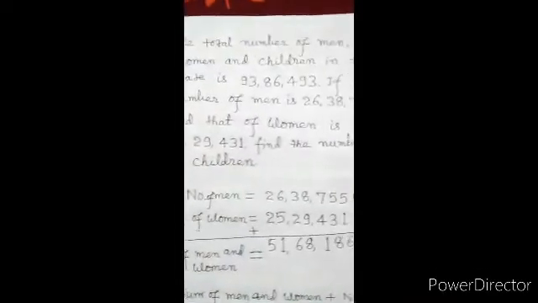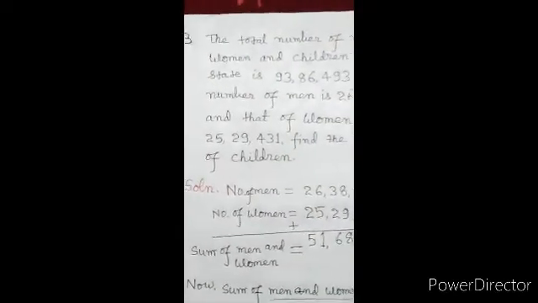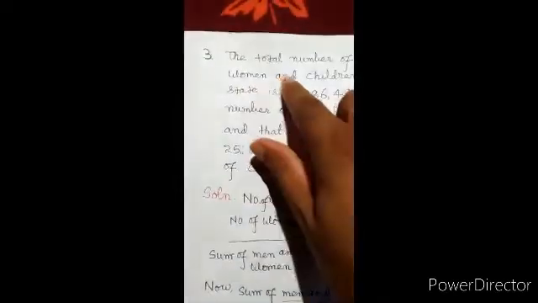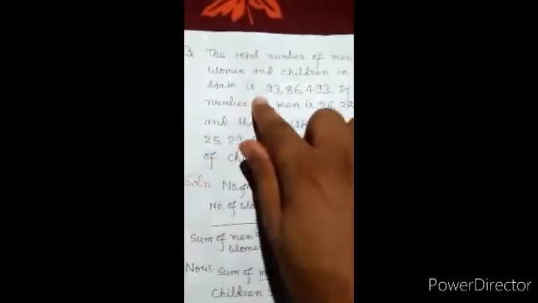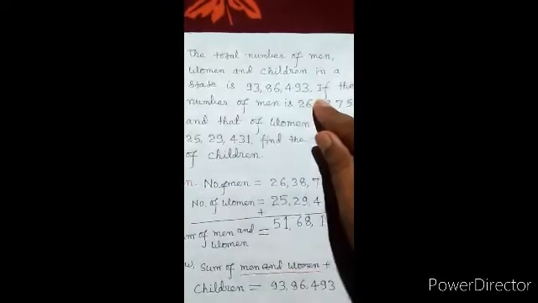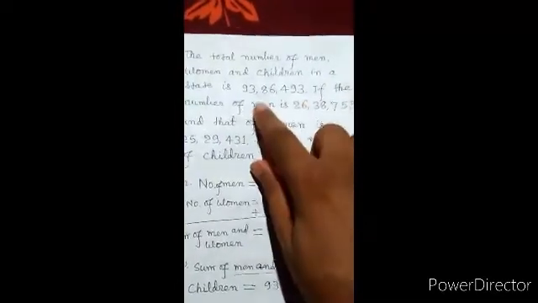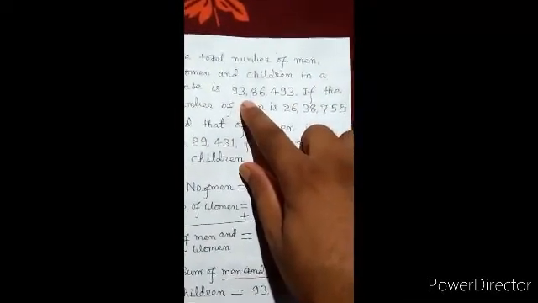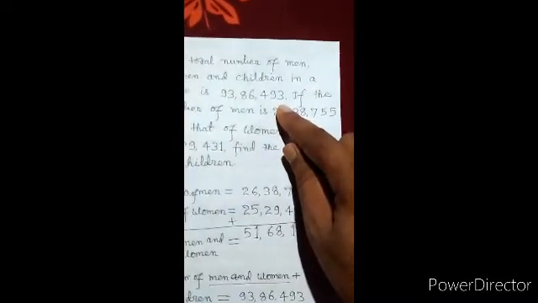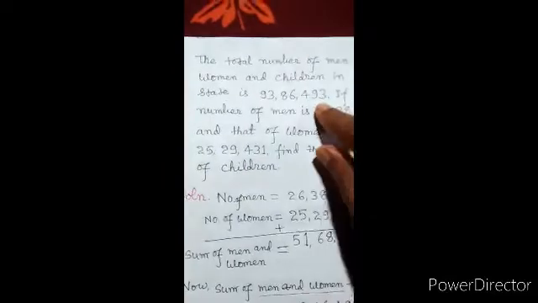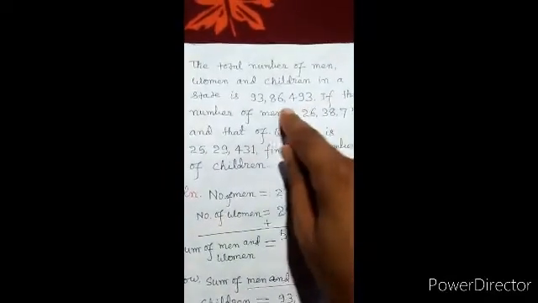Now take another example that is also related to word problems. We need to understand word problems first. The total number of men, women and children in a state, this is the population of the state, is 93,86,493. This is the population in which men, women and children are all added.